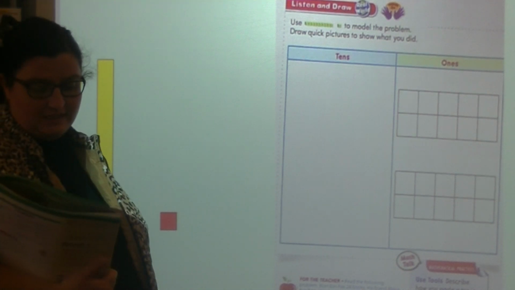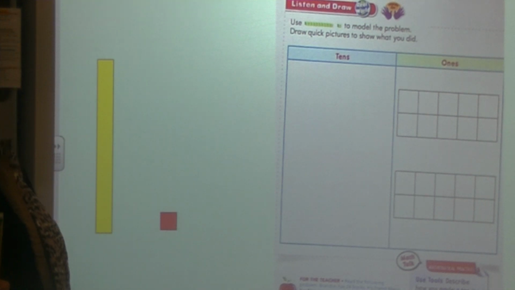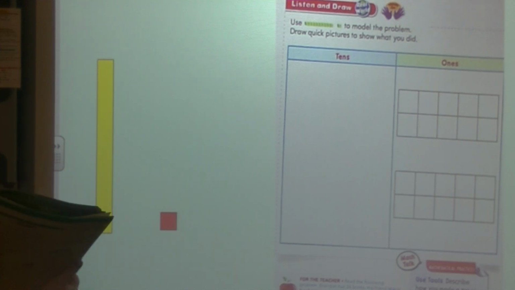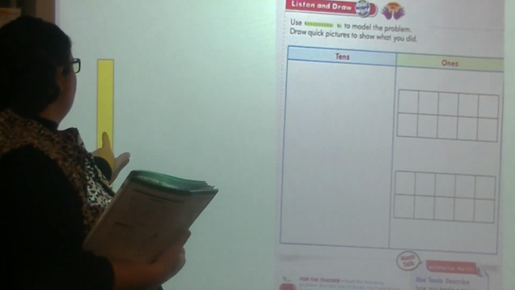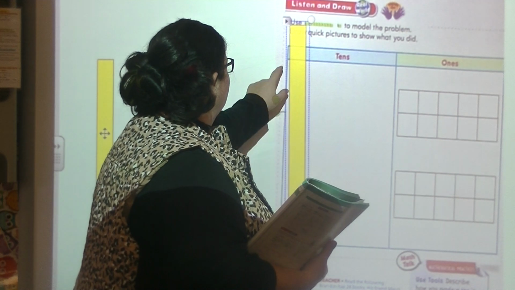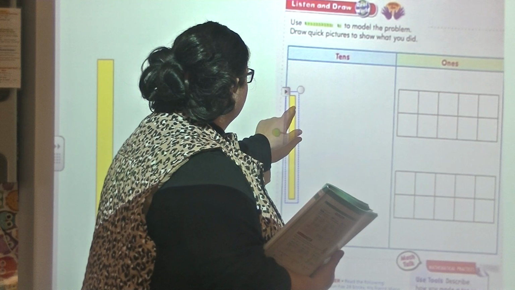All right, the first thing. How should I show what Brandon has? All right, he has 24. So how could Miss Spire show 24 for Brandon? All right, 2 tens and 4 ones. So I'm going to drag mine over. Mine are very long. See if I can make mine a little shorter. There they go.